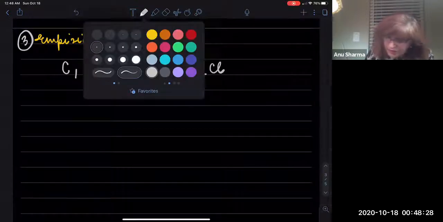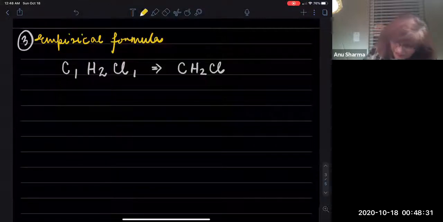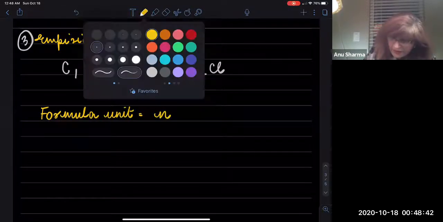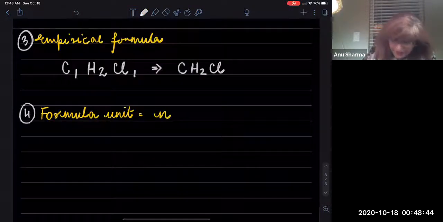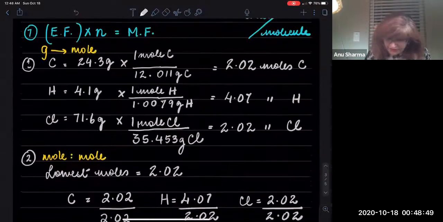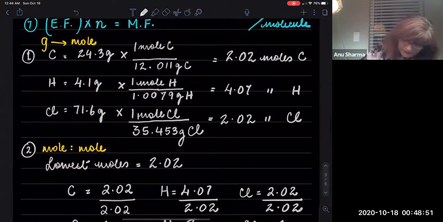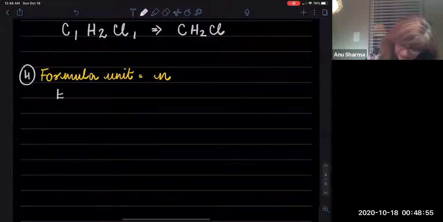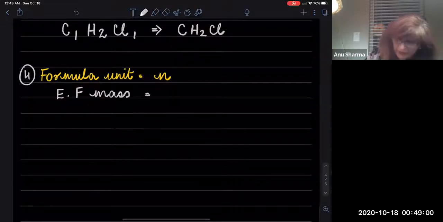All right, so now we are going to look at the next step, which is calculating the formula unit, and that formula unit is the value of N. Here, we first have to calculate the empirical formula mass.